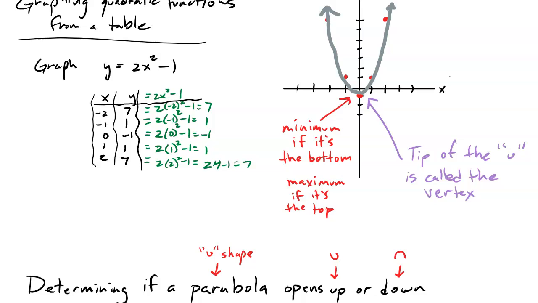So for like this picture, the vertex is at 0, -1. So if it's a U shape, the bottom of the U is called the vertex. If it's the upside down U shape, the top of the U is called the vertex. It's just what they call either the bottom or the top.